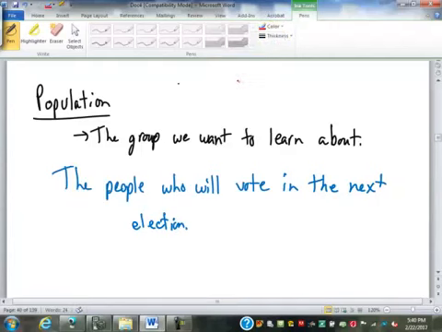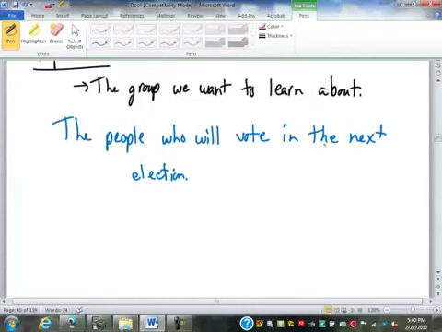Notice I didn't say registered voters or anything like that, because every election there are people who vote that probably aren't supposed to, and there are a lot of people who are able to vote that don't. So that's a very carefully defined population.